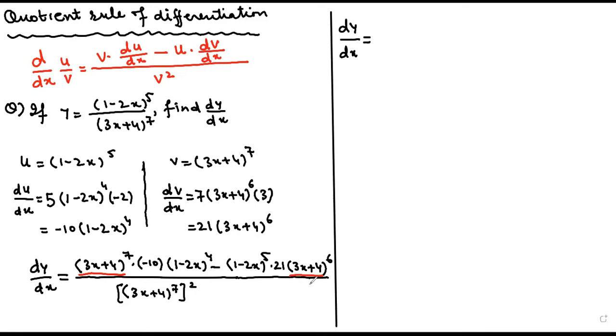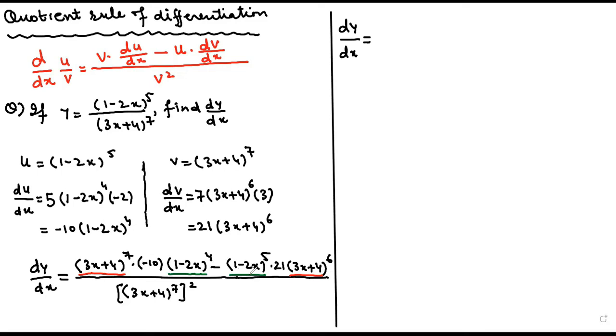The smaller power is 6. We can take common power 6. Now, the other function is (1 minus 2x) power 4 in the first term and (1 minus 2x) power 5 in the second one.